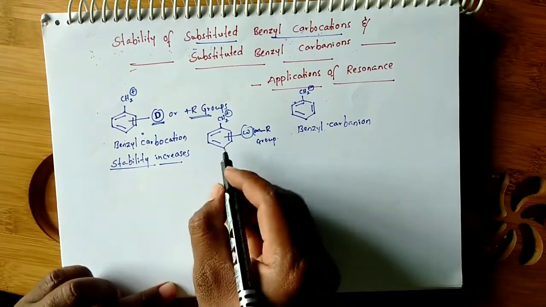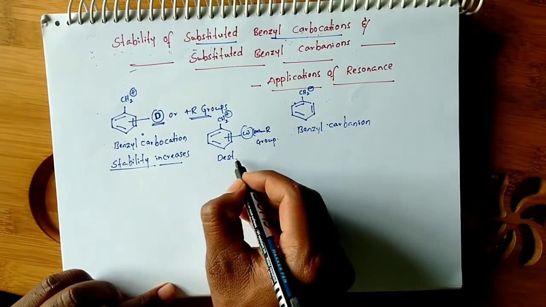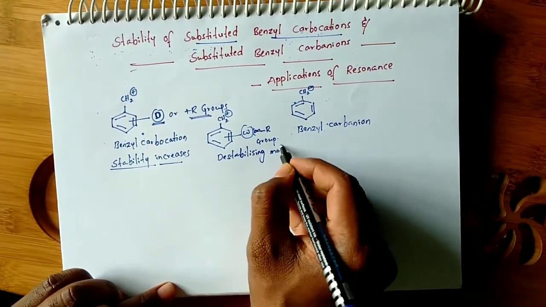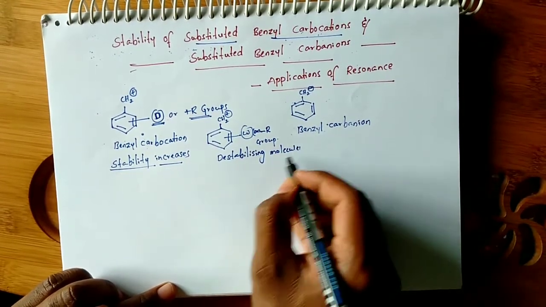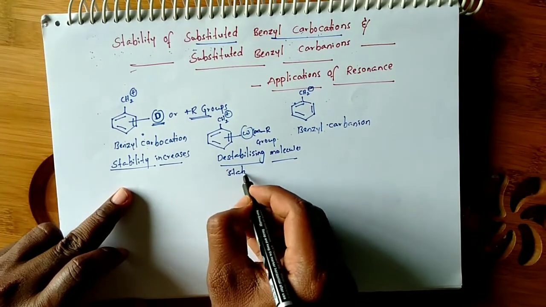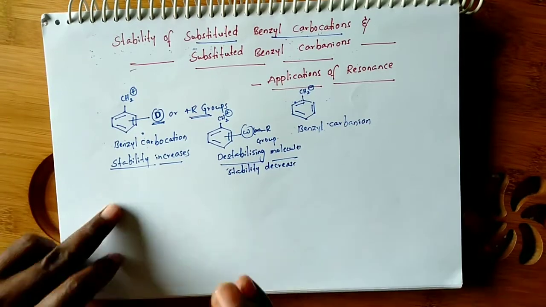These groups are destabilizing the molecule. In this case stability decreases. Is it clear?